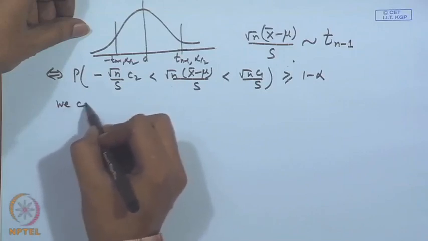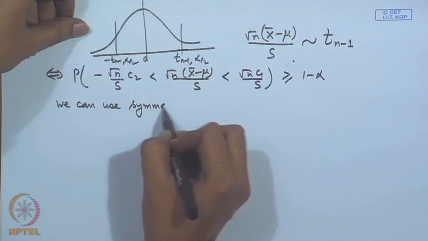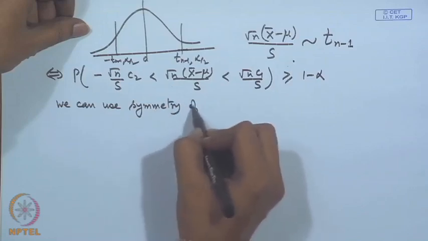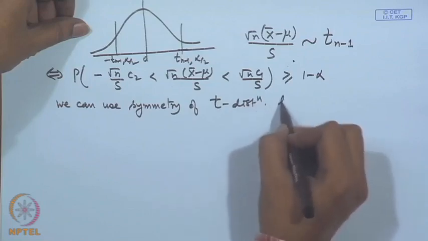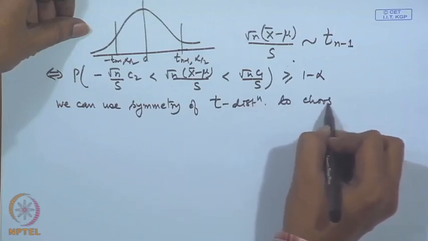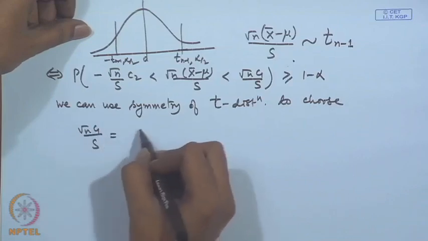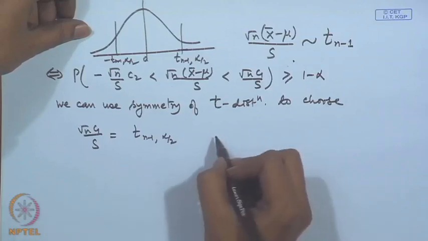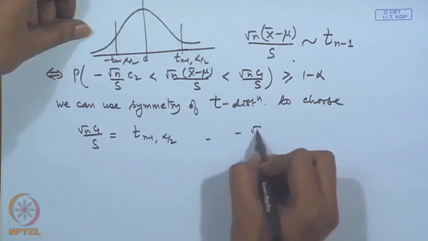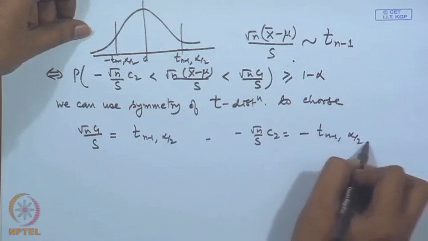So, we can use symmetry of t distribution to choose root n C 1 by s is equal to t n minus 1 alpha by 2 and minus root n by s C 2 is equal to minus t n minus 1 alpha by 2.